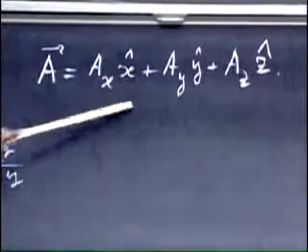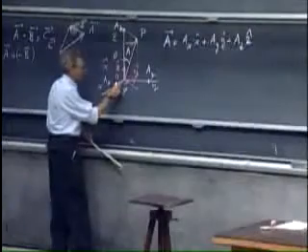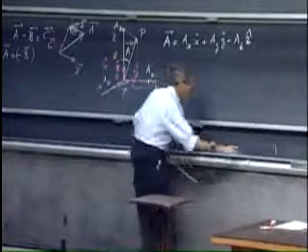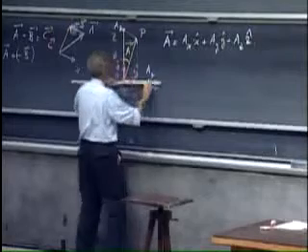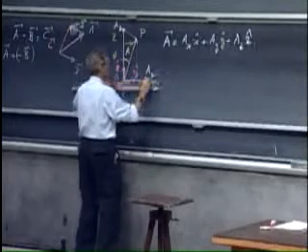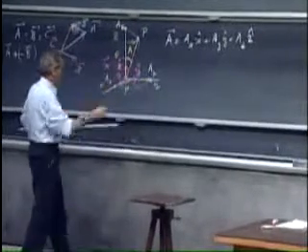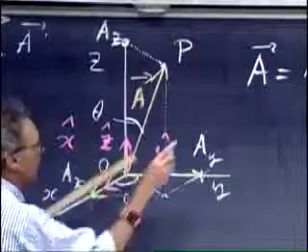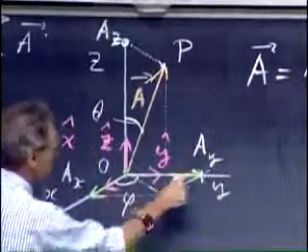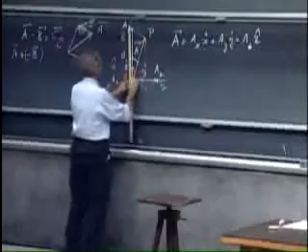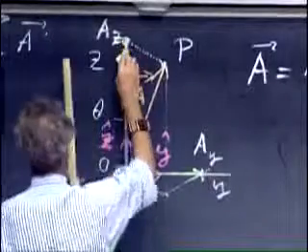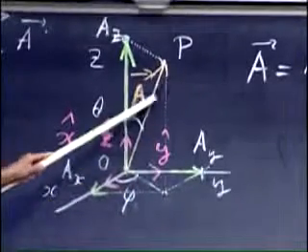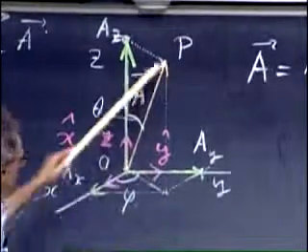And this A of x times x roof is really a vector that runs from the origin to this point. So we could put in that as a vector if you want to. This makes it a vector. This is that vector. A of x, it's this one. A of y times y roof is this one. And A of z times z roof is this one. And so the 3 green vectors added together are exactly identical to the vector OP.